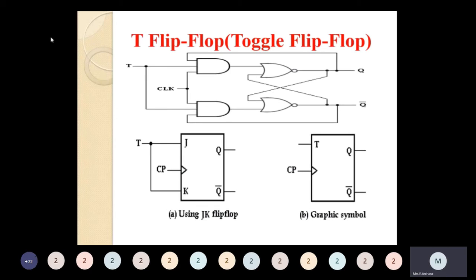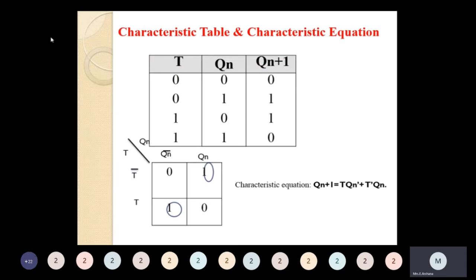Toggle flip-flop, this is the fourth type of flip-flop. Using a JK flip-flop, we can implement a toggle flip-flop, and that is the graphic symbol of a T flip-flop. This also has a single input T, and the T value is either 0 or 1.